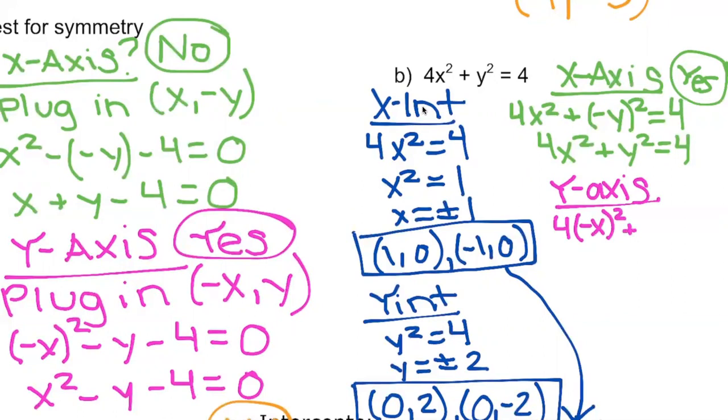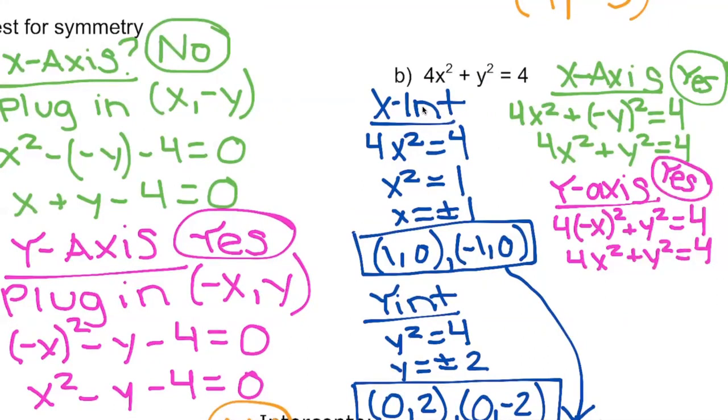Since the y is positive, I'm not going to worry about the parenthesis. You can use it if you want. Negative x squared is going to end up being positive. So you're looking to see, is my equation, when I simplify, the same as the original one? The answer is yes. So this is y-axis symmetry, or symmetric over the y-axis.